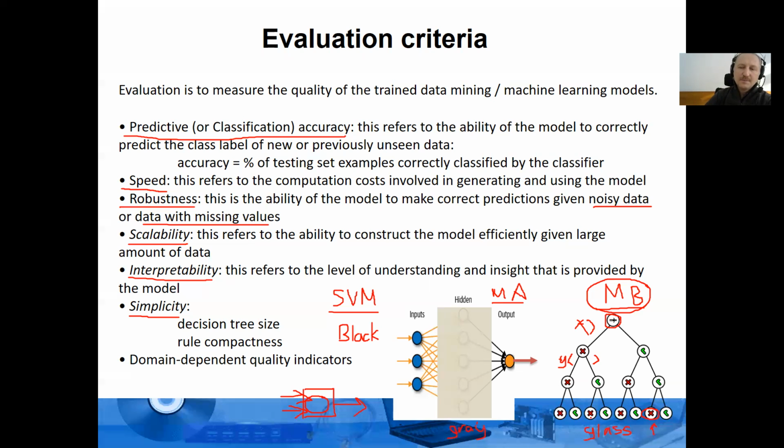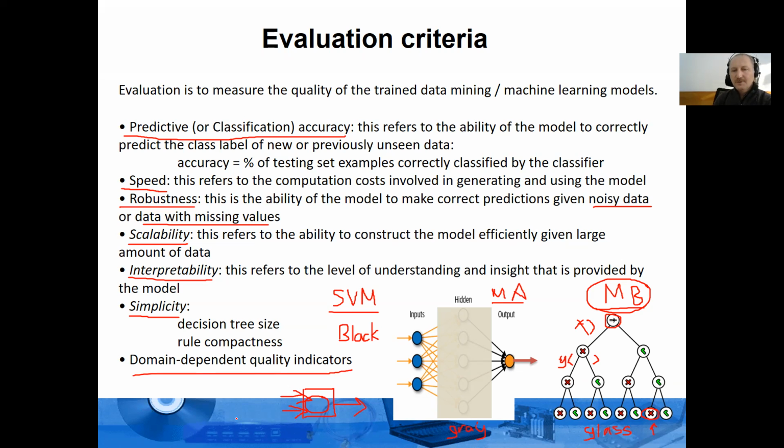That's why simple models can generalize; they can find the general rules to describe your data set. Also, there are some domain-dependent quality indicators.